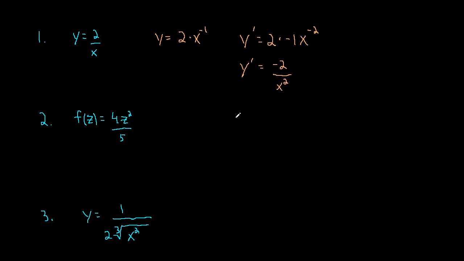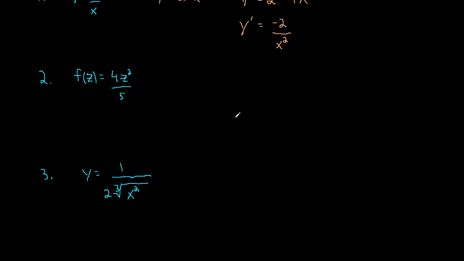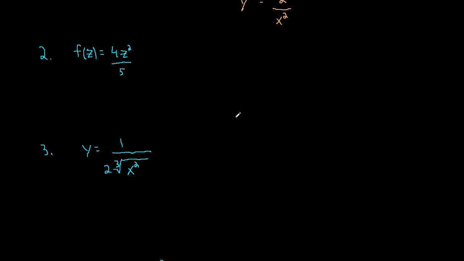Okay, the next example is pretty similar to the first example. If we rewrite f of z, I chose z just to show you that it doesn't always have to be x, but I can rewrite f of z the following way. I could pull out this 4/5 and consider that 4/5 as a constant. So really I have 4/5 times z squared.